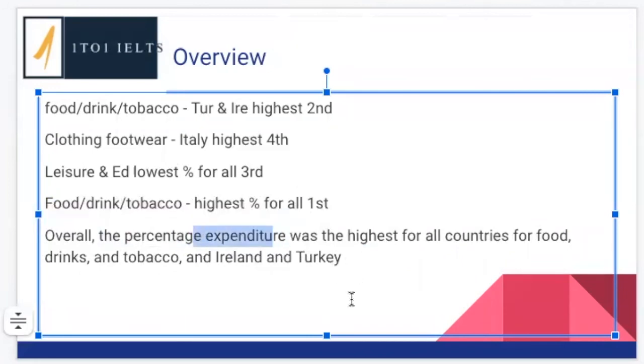A verb for expenditure. Expenditure is our noun. So Gabby says spending, but remember we want to be using the past simple. Spent. Okay, overall, Ireland and Turkey spent.